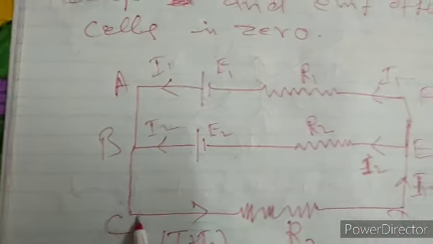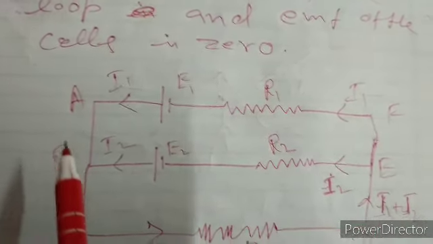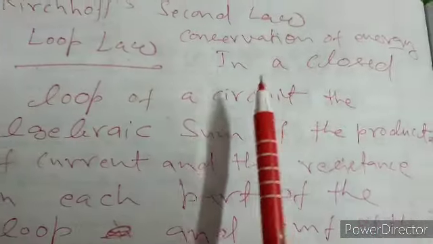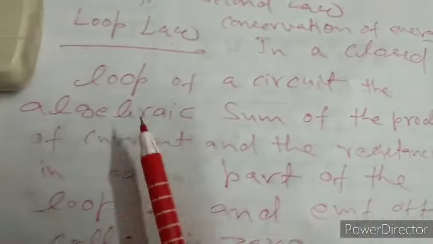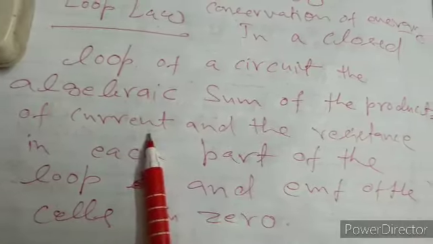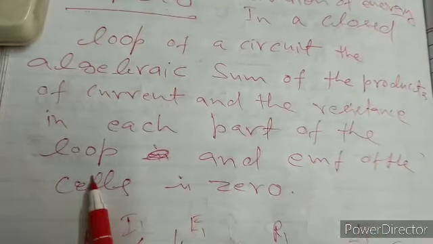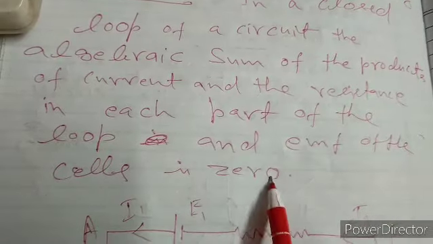Or A, C, D, F, A is a big closed loop of a circuit. Then in a closed loop of a circuit, the algebraic sum of the products of current and the resistance in each part of the loop and EMF of cells is 0.